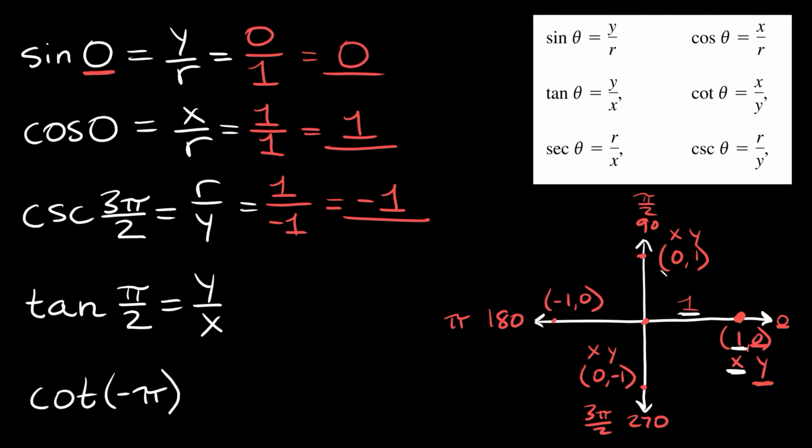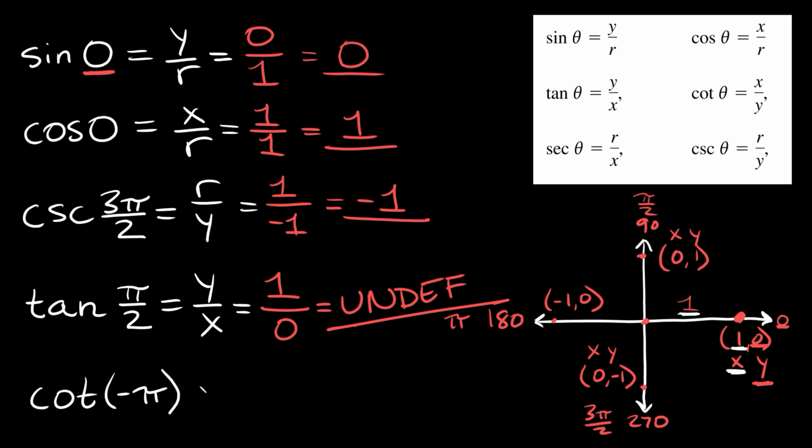Y is on top, so we put a 1 on top, and x is equal to 0 at this spot. Here, we can't divide by 0. So for the tangent of pi over 2, there's actually no answer. You would simply write undefined.